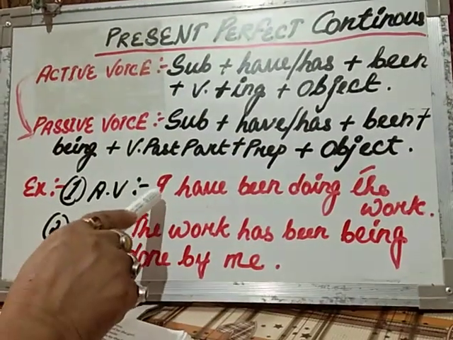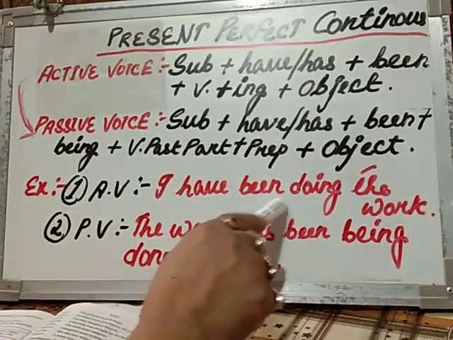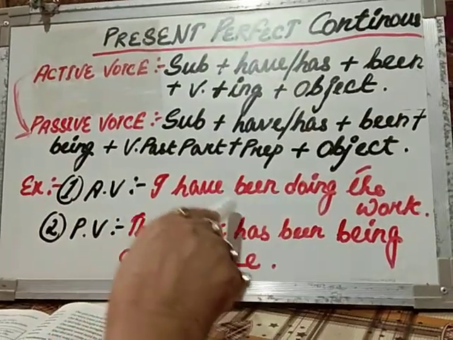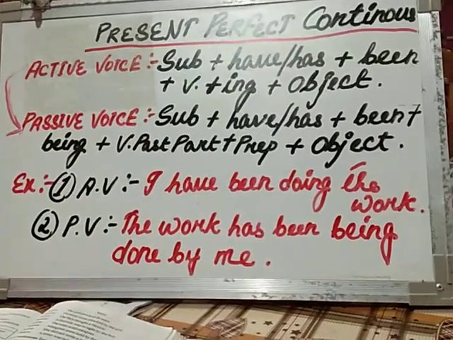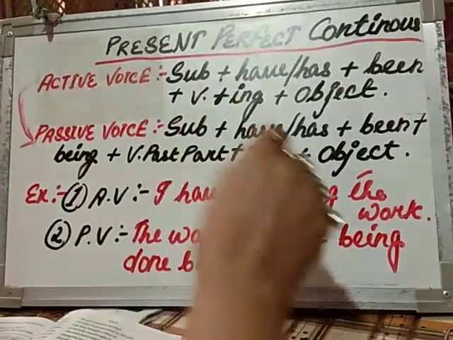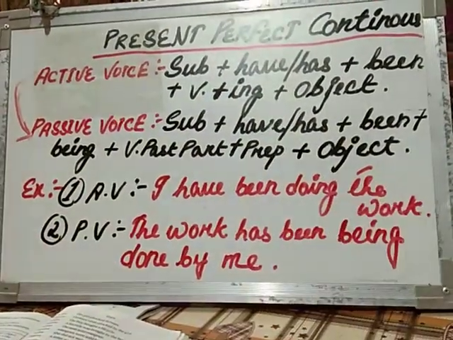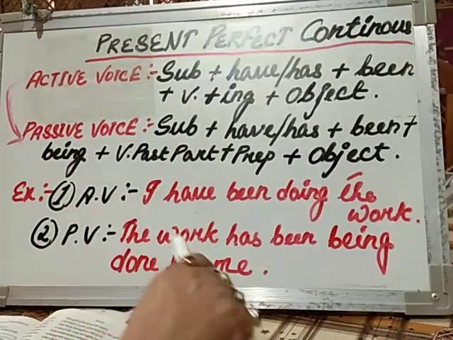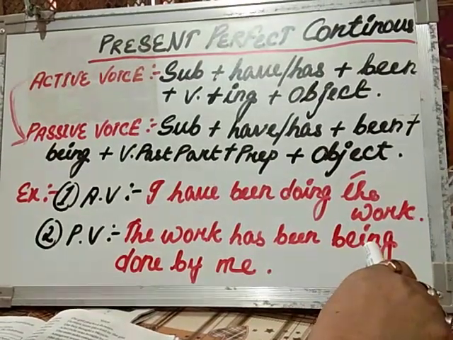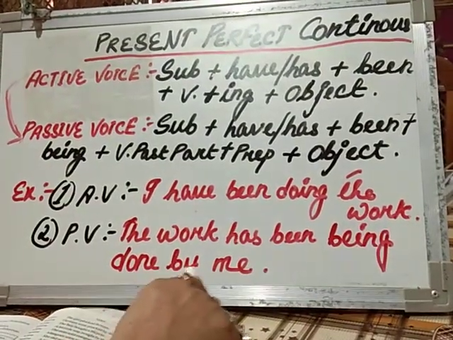So here I am showing you, I have been doing the work. See, doing. When you see doing, immediately it should come to your mind that instead of ing we have to put being and then the past participle form of that main verb. So, the work has been being done by me.